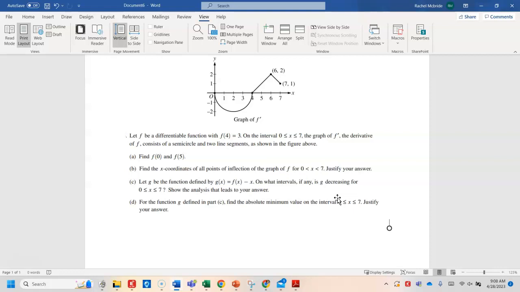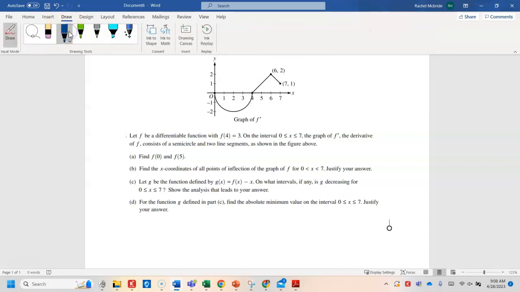That is the starting point I need to use when finding f of 0 and f of 5. So f of 0 and f of 5 are FTC problems in the sense that f of 0 is going to equal f of 4 plus whatever my integral is.